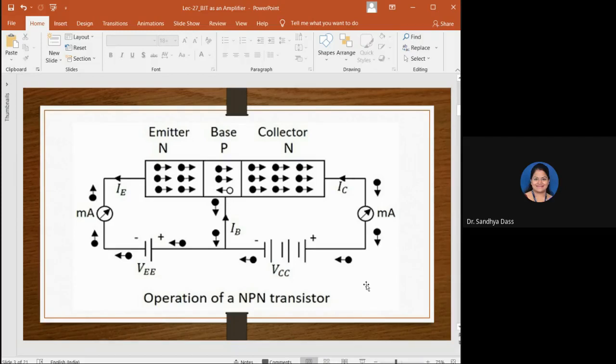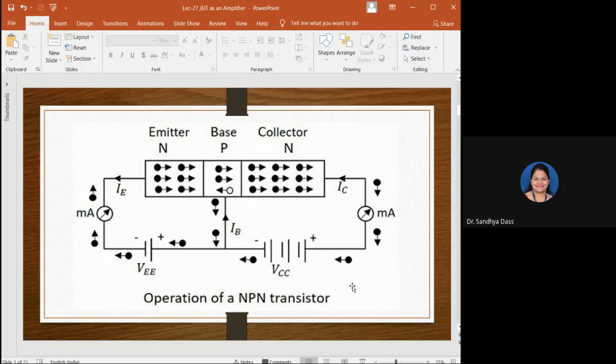If the device is operating in the saturation region or saturation mode, there is full output current and the device is operating in on condition. Whereas if the device is working in the active region or active mode, it is typically for the amplification process.